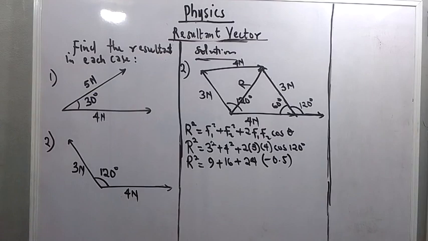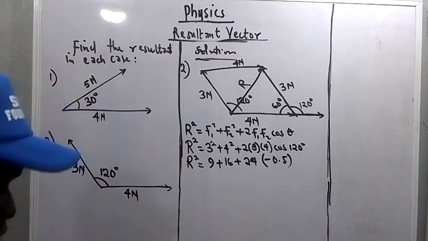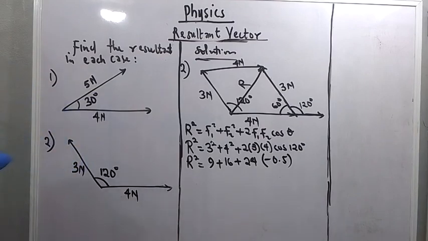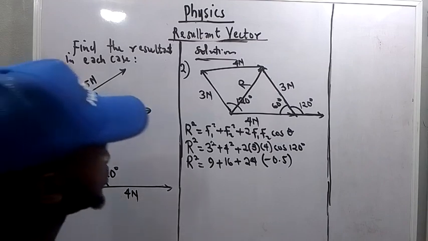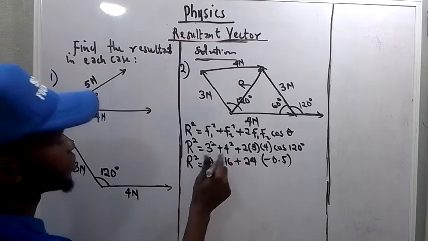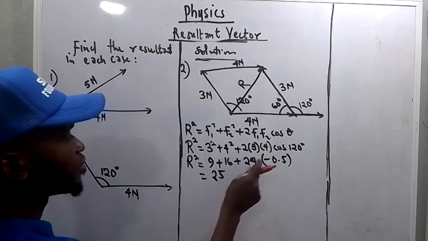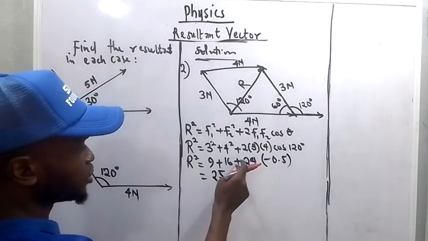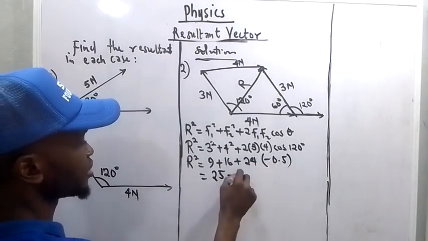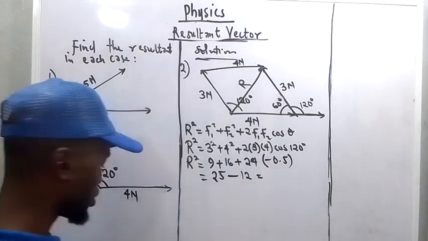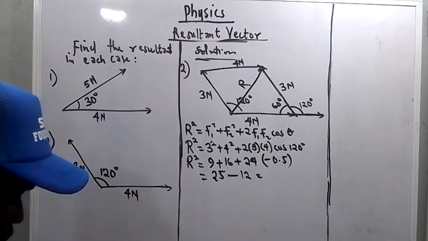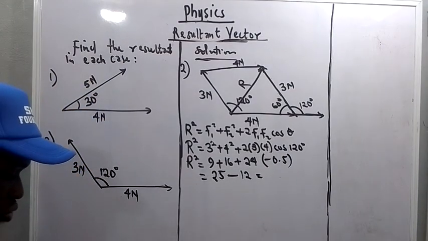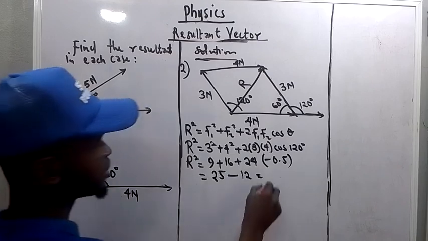We multiply 24 by 0.5, which gives me 12, and the sign becomes minus. 9 plus 16 gives me 25. Now 25 minus 12 gives me 13.